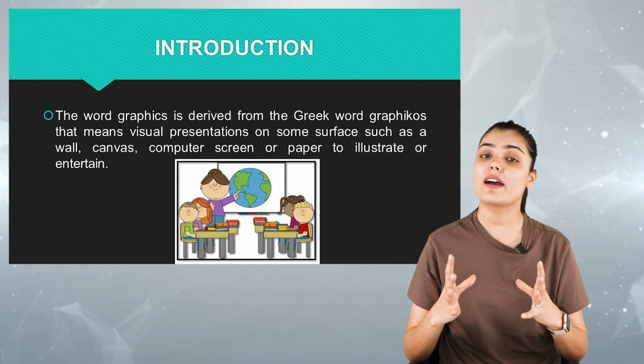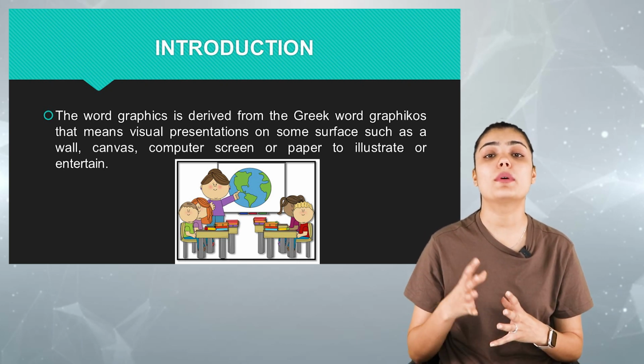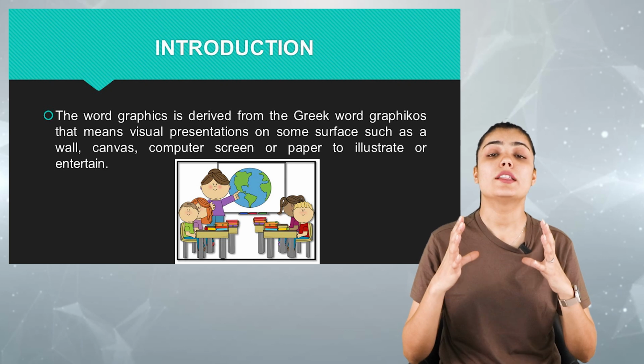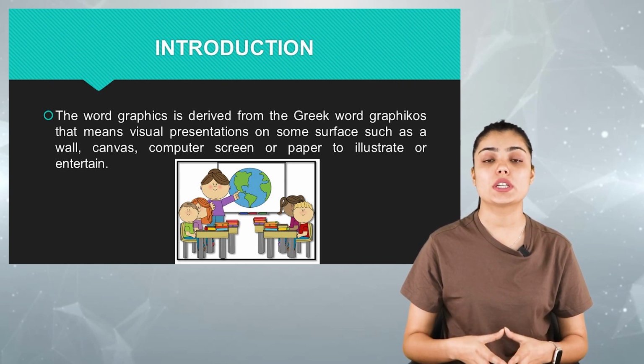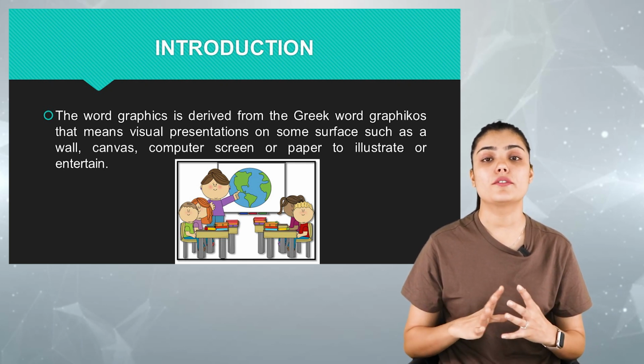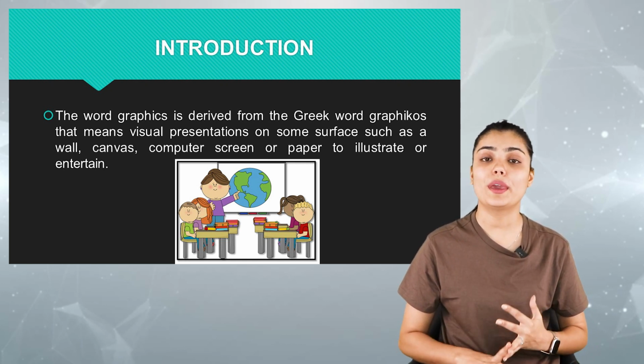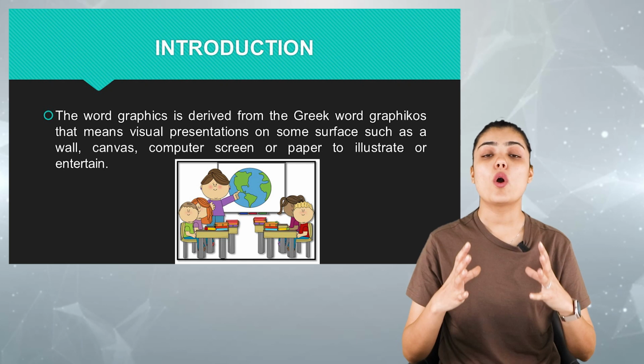The meaning of the term graphikos is visual representation on some kind of surface, which could be a wall, paper, canvas, or a computer screen. What is the purpose of visual representation here? It is used in order to illustrate something or to also entertain people.